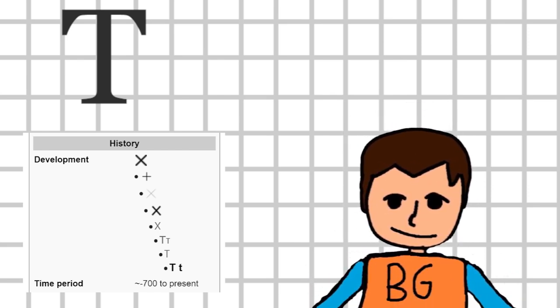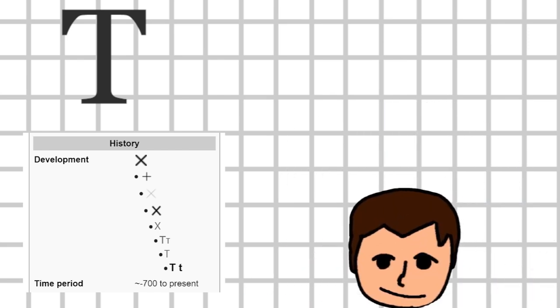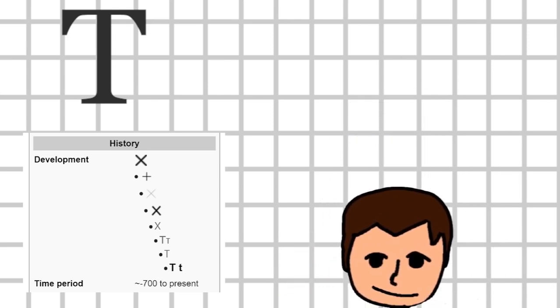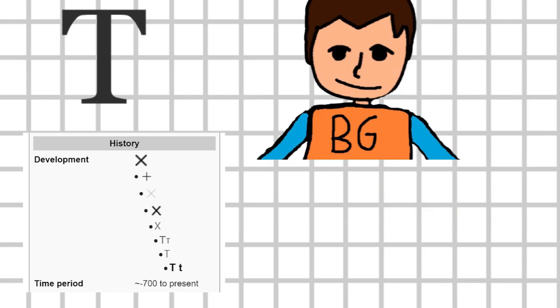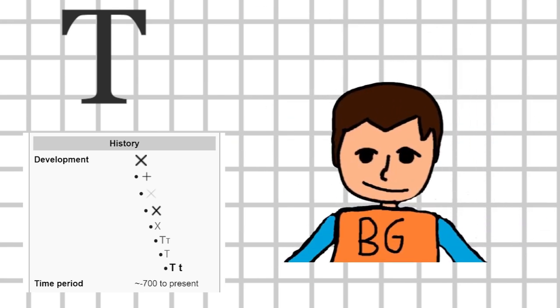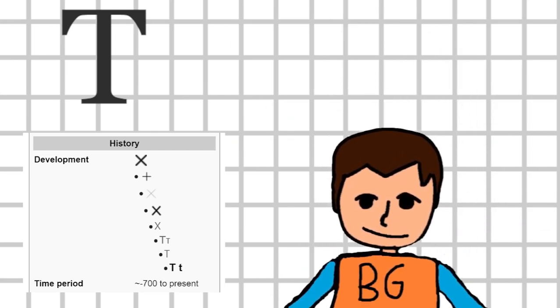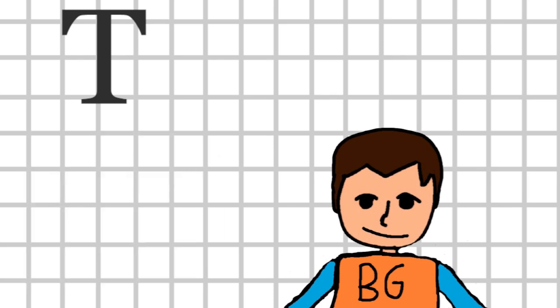And since we had the lowercase letters, we combined the lowercase letters with the uppercase letter to create T, and that became a T.